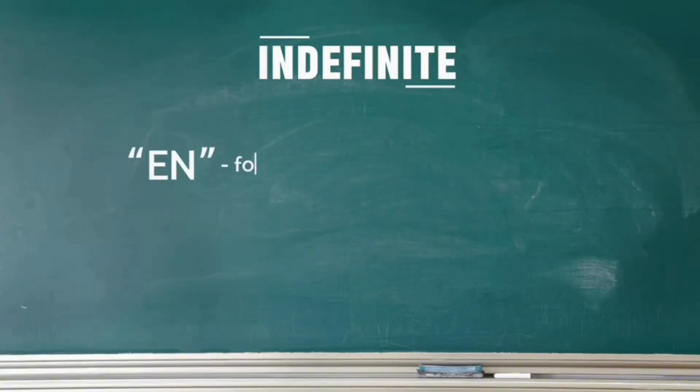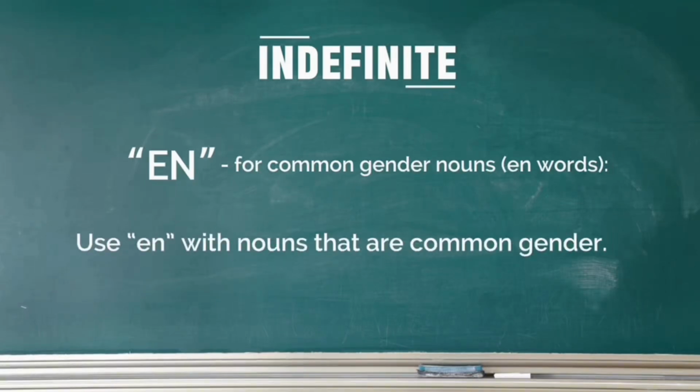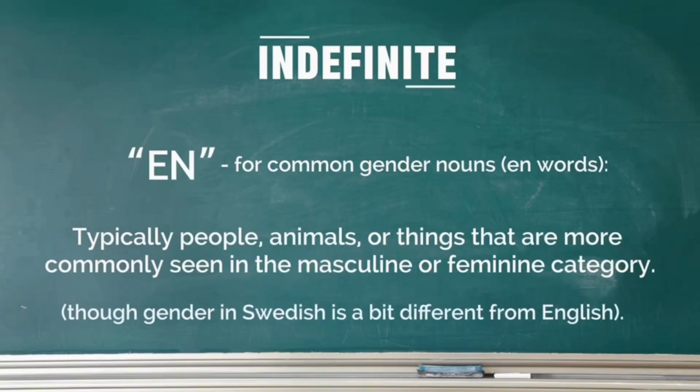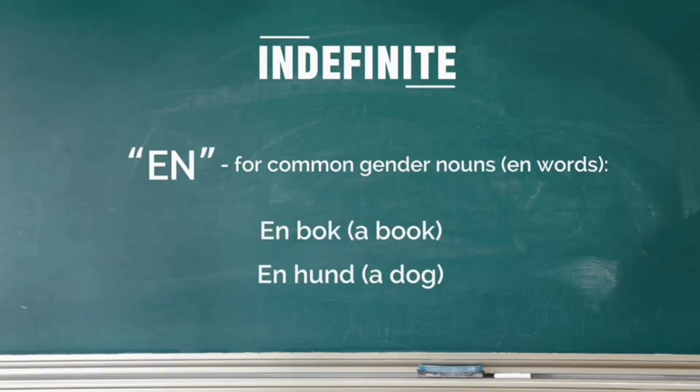En, for common gender nouns. Use en with nouns that are common gender. These are typically people, animals, or things that are more commonly seen in the masculine or feminine category, though gender in Swedish is a bit different from English. Examples: en bok, en hund, en stol.